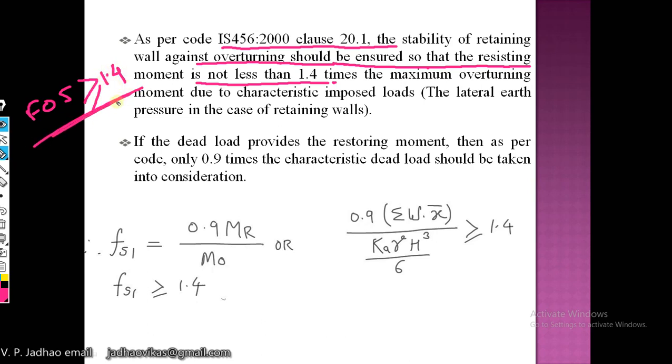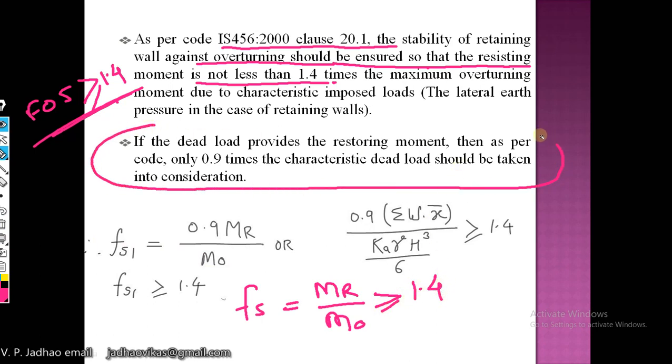The factor of safety is equal to the resisting moment divided by the overturning moment. This value should be more than or equal to 1.4, but at the same time some other clause is there.